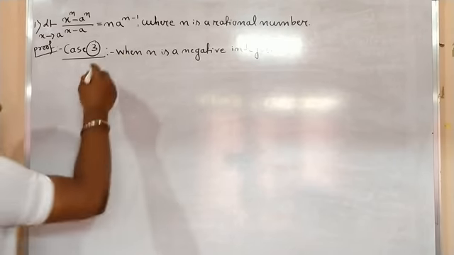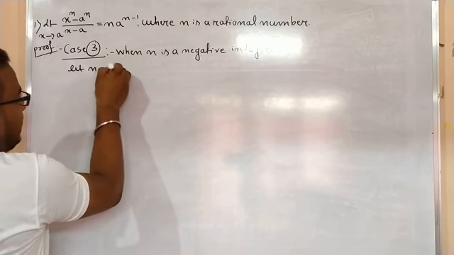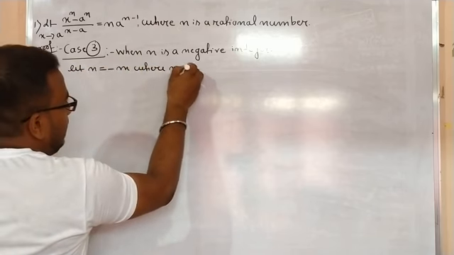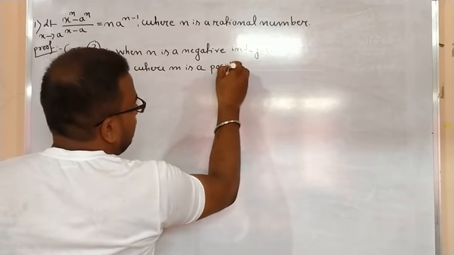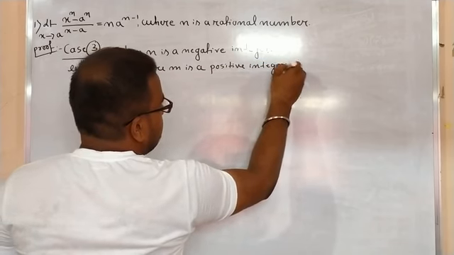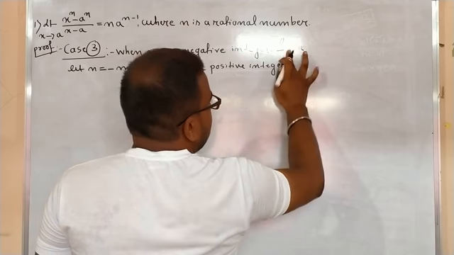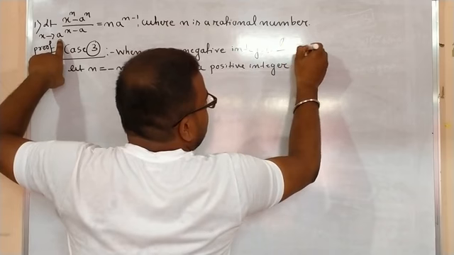So I can rename this n as, let n equals to minus m, where m is a positive integer, right? And here you have to write, and a is not equals to 0.